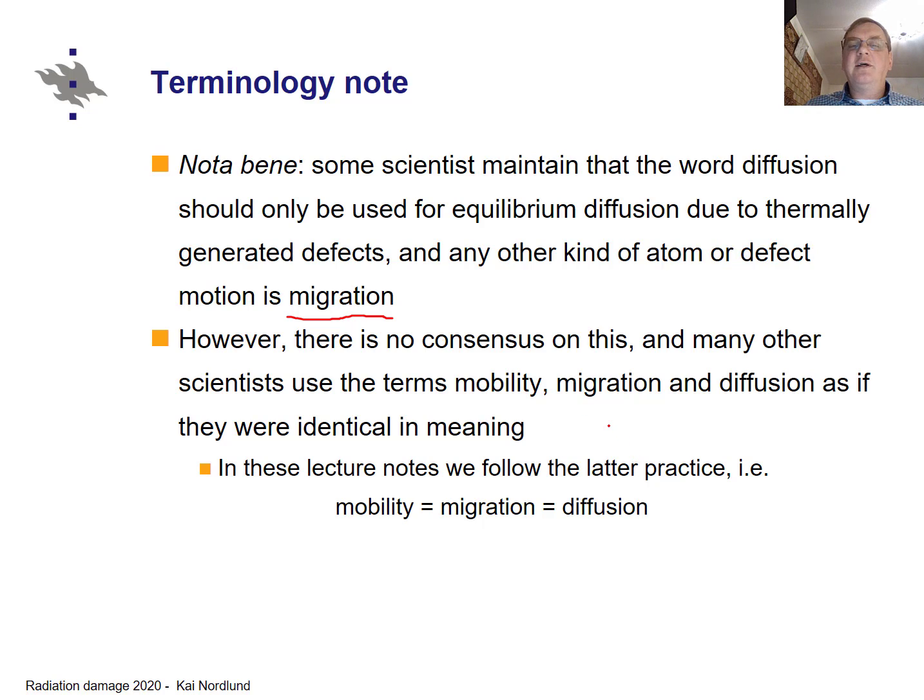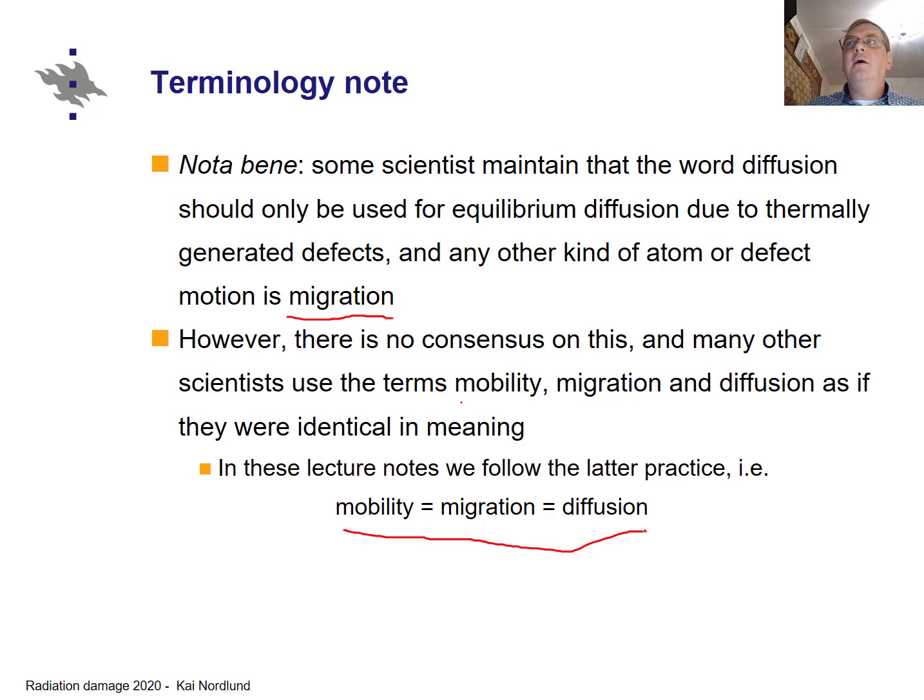But this is something where there is no consensus, and many other scientists dealing with radiation just basically use these three terms as the same thing: mobility and migration and diffusion as synonyms. And this is something which personally I don't think it has any physical meaning which term you use, as long as you define what you mean by which term.